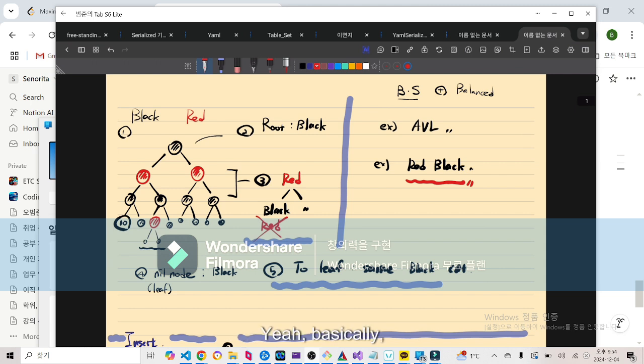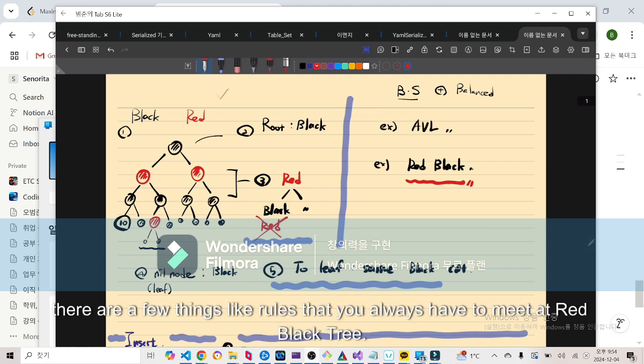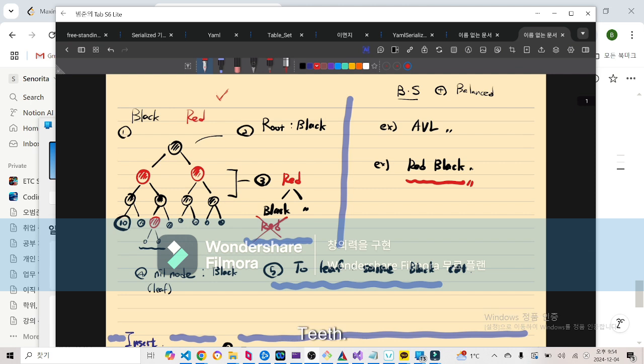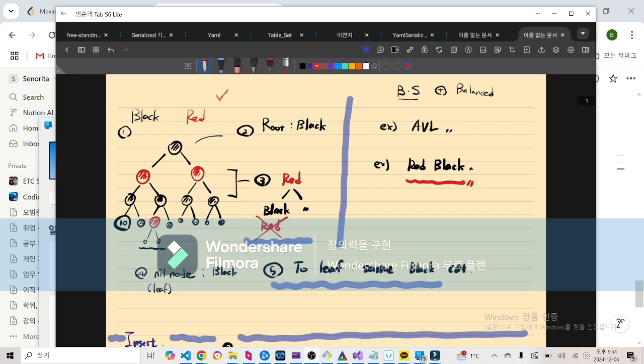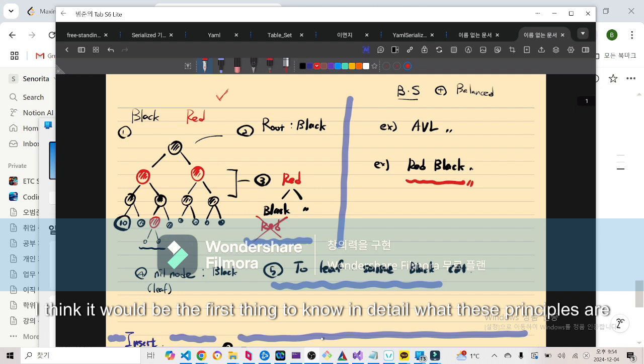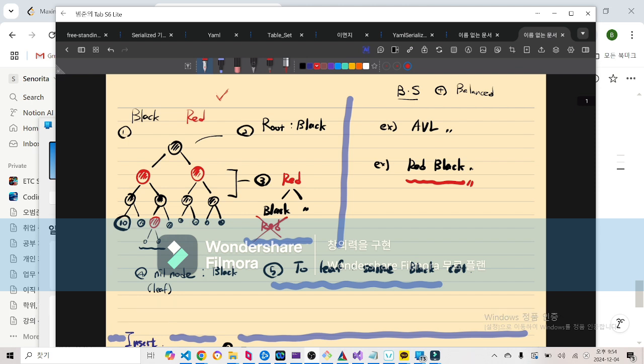Basically, there are a few rules that you always have to meet in a Red-Black tree, because this tree is balanced by continuously following the rules. I think the first thing to know is in detail what these principles are.